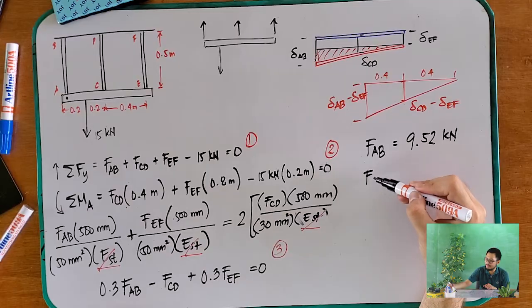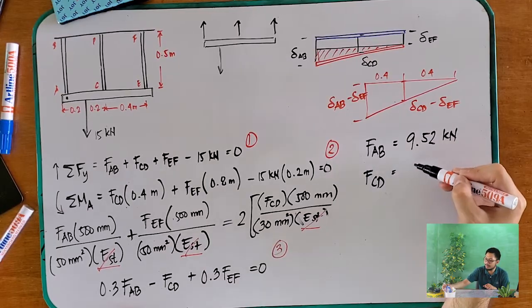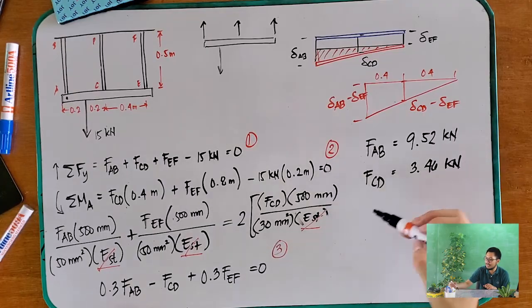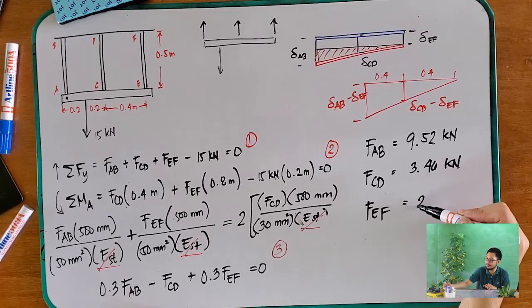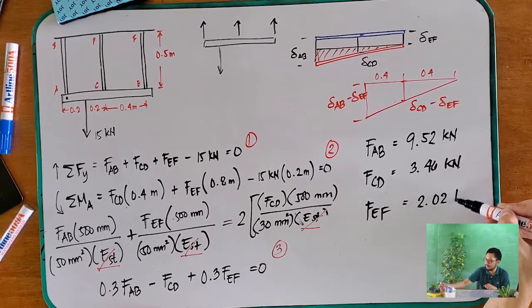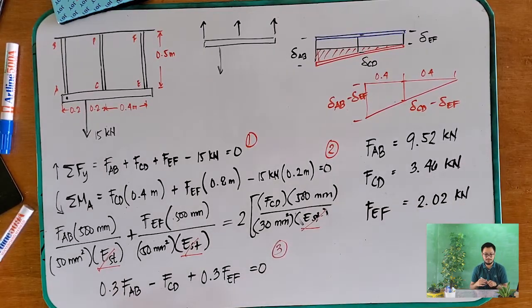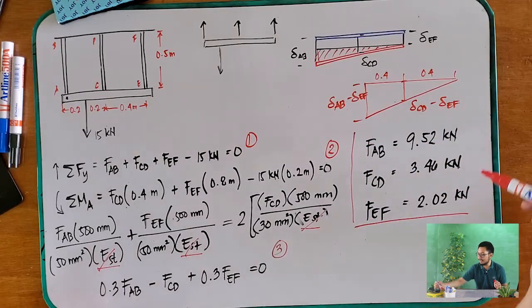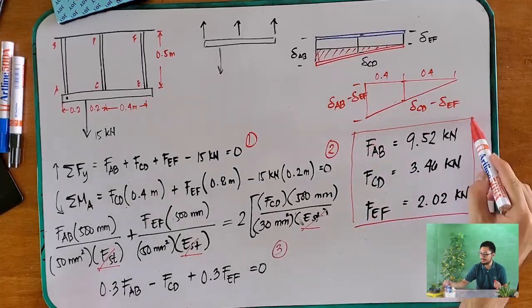For your FCD, 3.46 kilonewtons. And for your FEF, your answer is 2.02 kilonewtons. And these are your final answers.